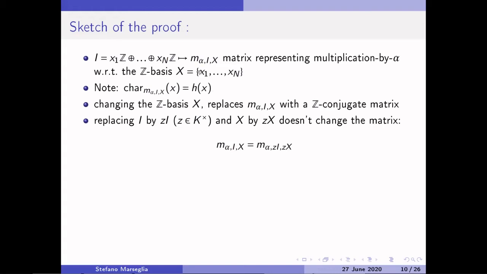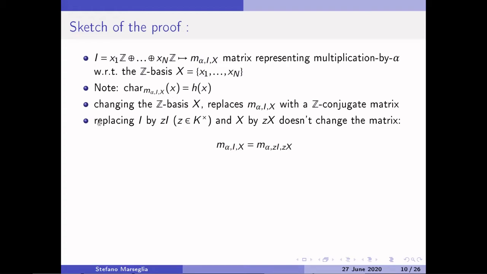Note that if we change the Z basis of this fractional ideal, we are replacing the matrix with a Z-conjugate one. So this is just a Z base change, where we are acting by conjugation with an invertible matrix with integer coefficients.